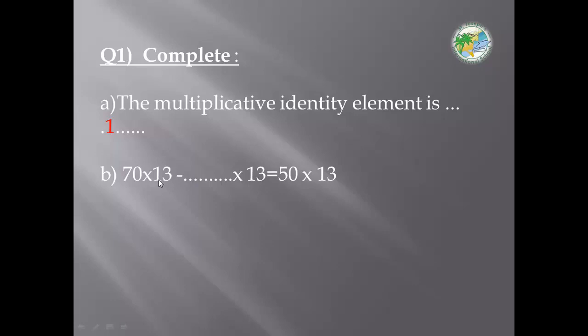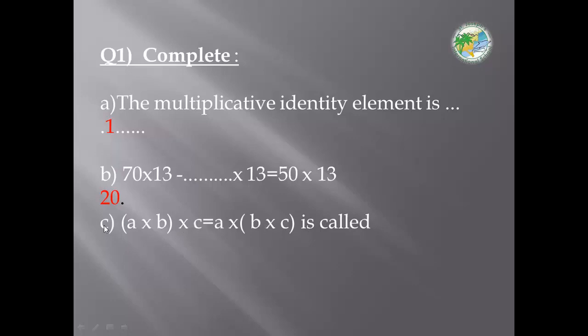Here 13, 13, 13. So 70 minus which number equals 50? 70 minus 1? 20. Bravo. Fine.